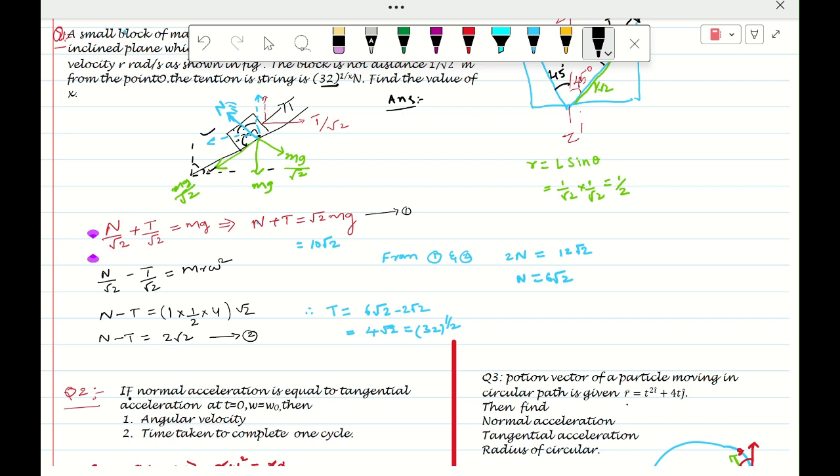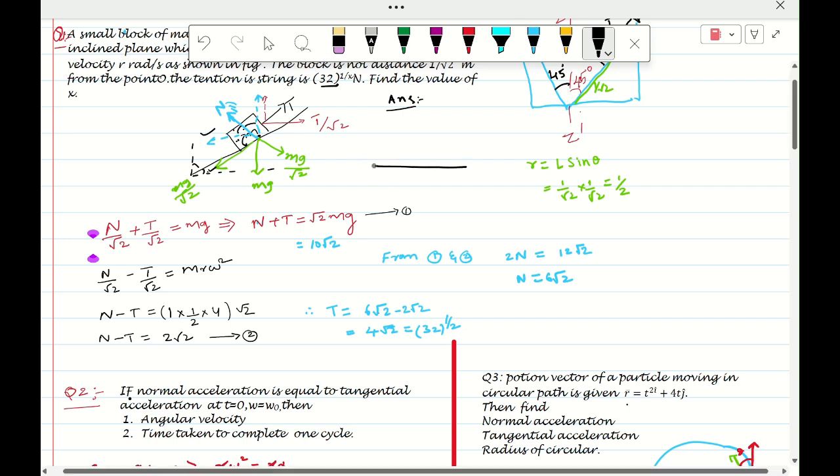N cos theta. For example, if thetas are given separately, I will explain which equations you will take. Here theta is given as the inclination. If they have given theta with the z axis, this is 90 minus theta. Otherwise, if we take theta with any angle, we find it out.